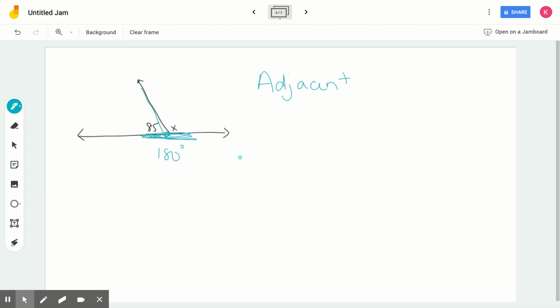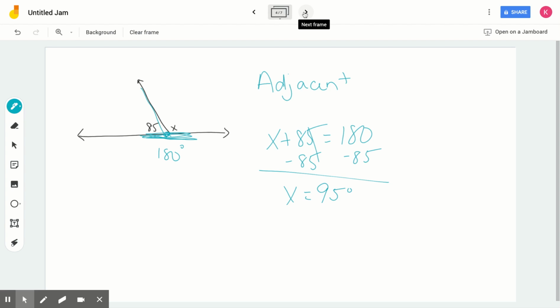So when we add these 2 together, we're going to end up with 180. We can write an equation: x plus 85 equals 180. We can use what we learned in chapters 1 and 11 to solve this. 180 minus 85 is 95. So x is 95 degrees.